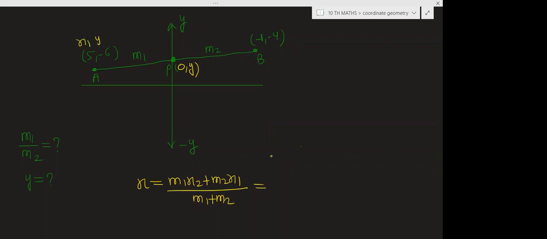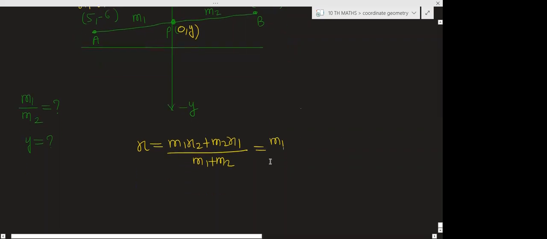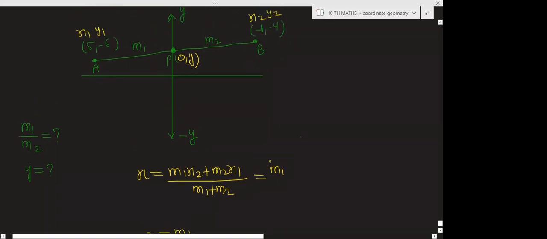This is x1, y1, this is x2, y2. So what is m1? We don't know, but we know this x. This x is equal to 0, and m1 we don't know, x2 we know.